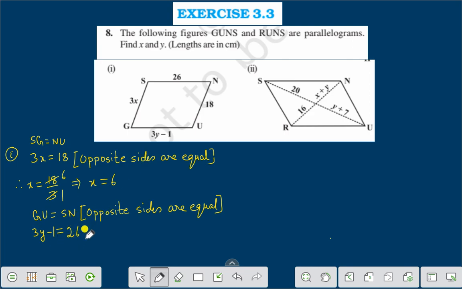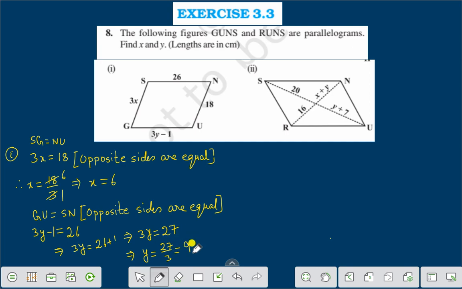Or it can be written as 3y is equal to 26 plus 1, or you can write here as 3y is equal to 27, or it can be written as y is equal to 27 by 3. 3 9 27, that is 9.